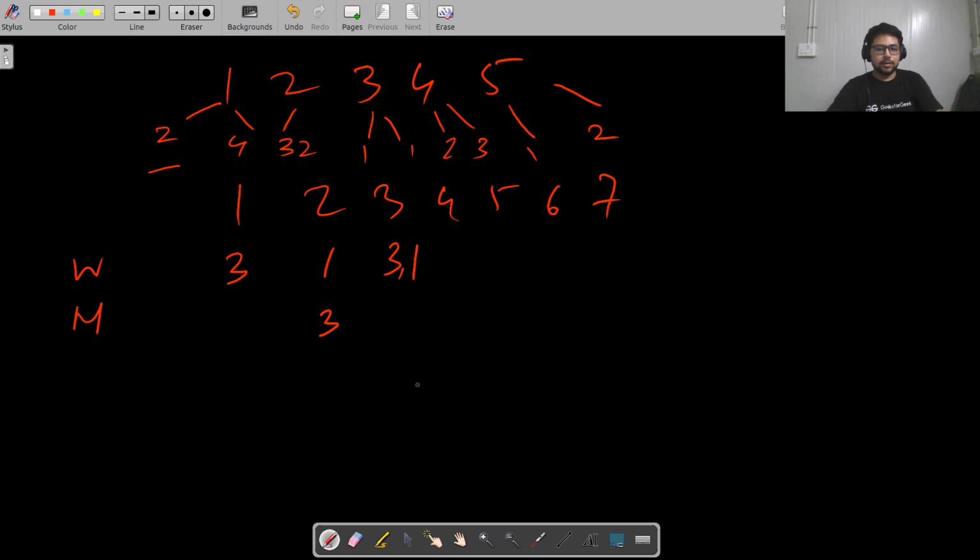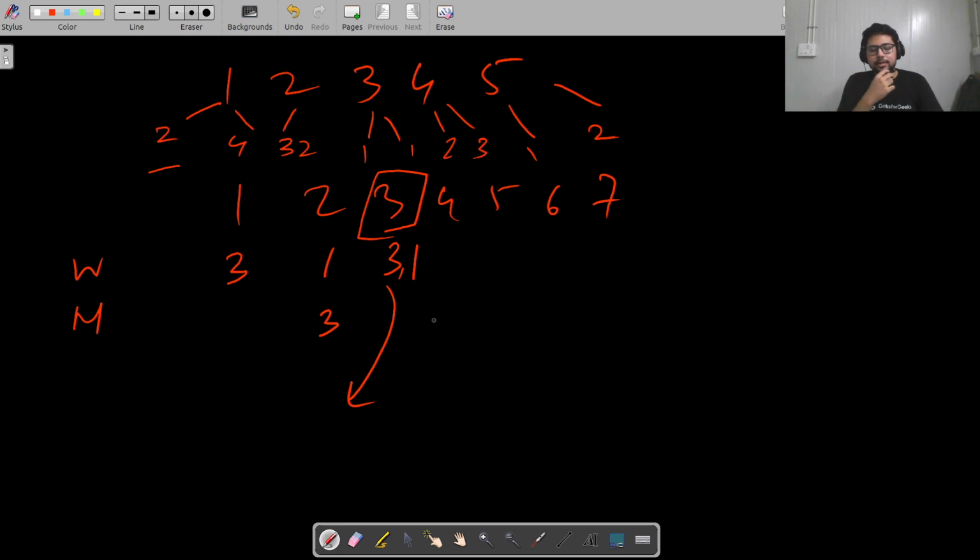Now let's say on the third day we try to eject 3. If we eject 3, it will go out. It will no longer be available in the work set, and 1 is still available.